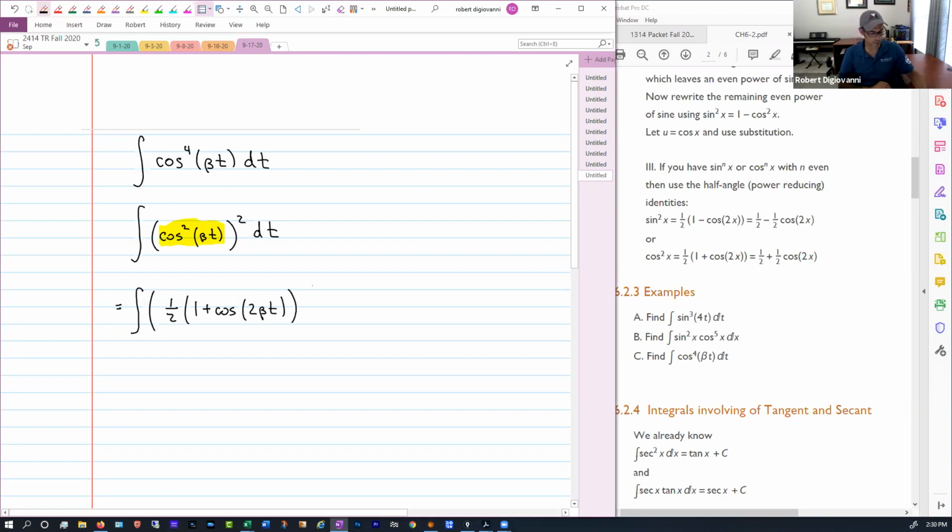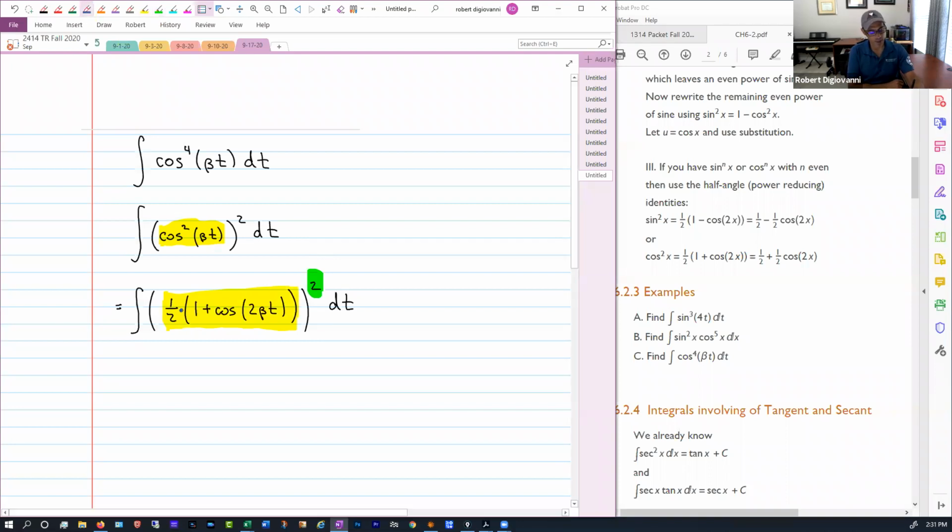So there's the formula. But then all of that is being squared. Okay, so everything in yellow, the cosine squared beta t got replaced with the 1/2 times 1 plus cosine 2 beta t. But now we've got to square that thing, right? And that's not so easy.